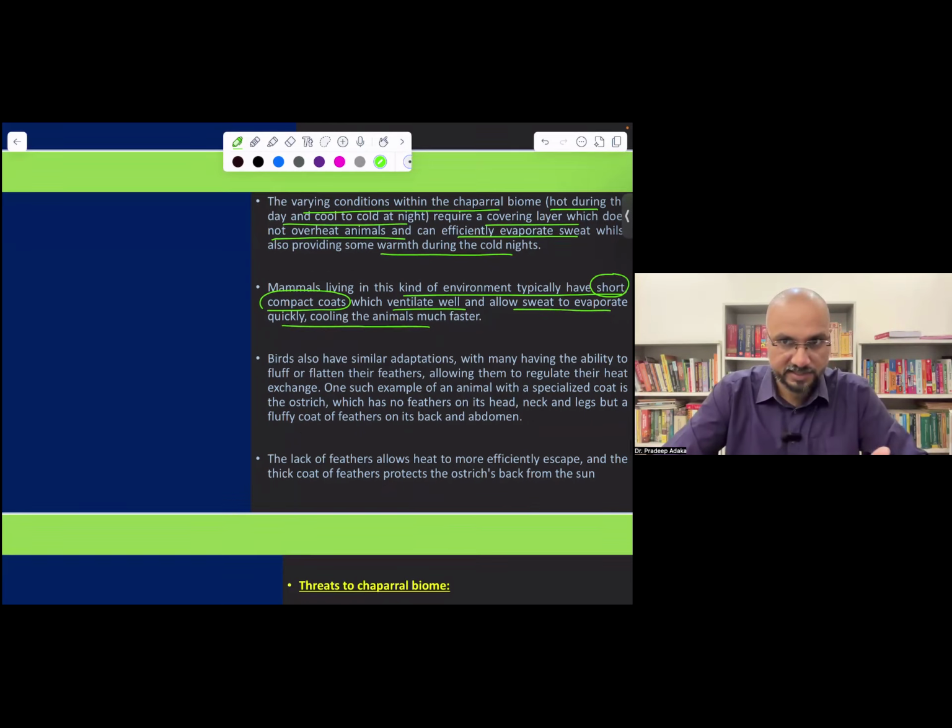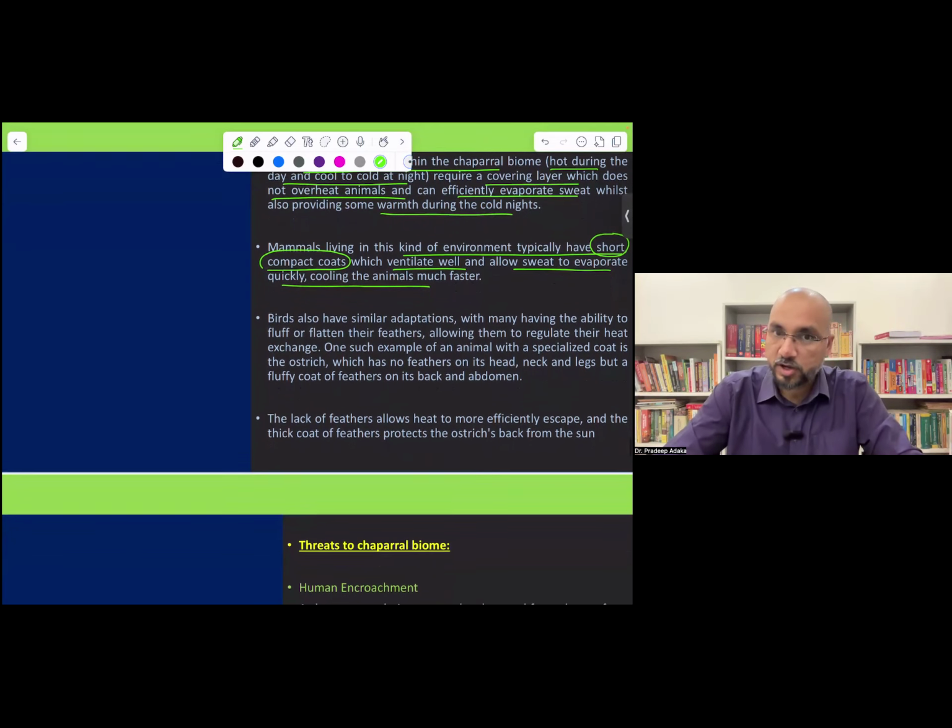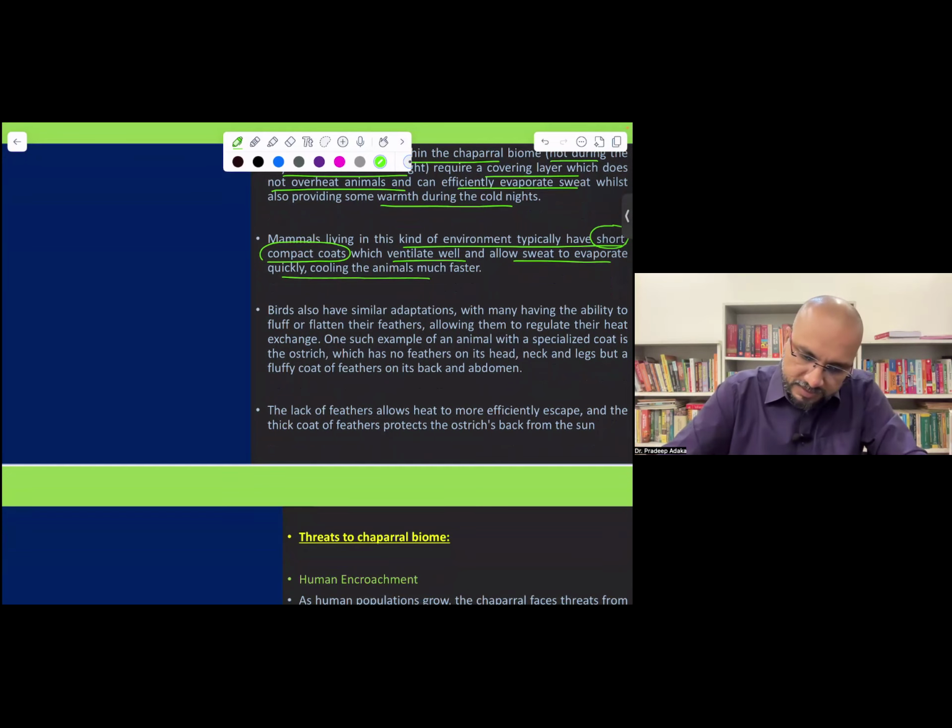For example, let us see the case of a bird, the ostrich. So birds also have similar adaptations, with many having the ability to fluff or flatten their feathers, allowing them to regulate heat.